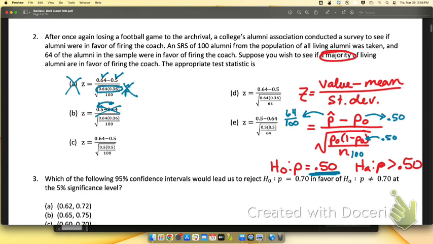C says 0.64, that's the p hat. 0.5, that's our hypothesized value. 0.5 on the bottom, 0.5, and 100 is my sample size. So it looks like C is my answer. D, the issue here is, again, this bottom is wrong. And then E, the issue on E is that these two are switched. The bottom is right. The sample size is wrong, but that one is definitely out as well. Okay, so our answer there would be C.